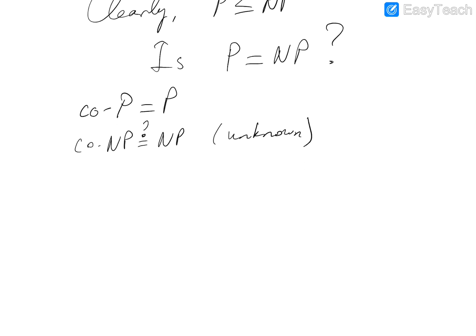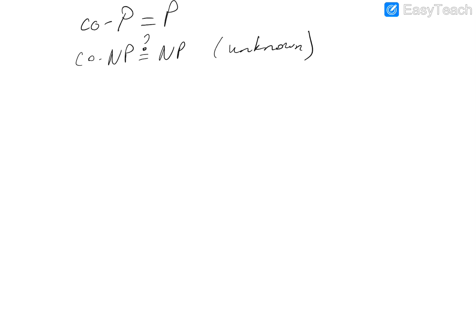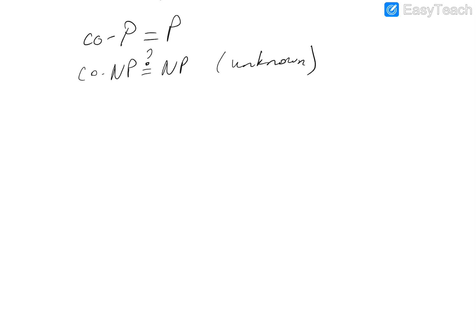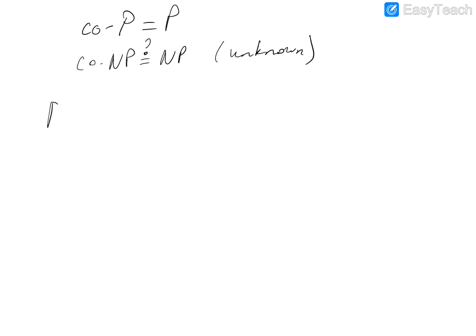And then there's the class of space complexity, PSPACE. So this is the set of all problems that can be solved by deterministic Turing machines using a polynomial number of tape cells or spaces in the theoretical sense.